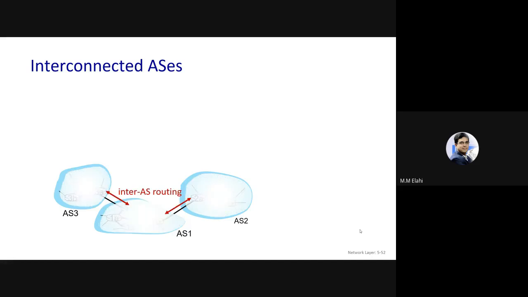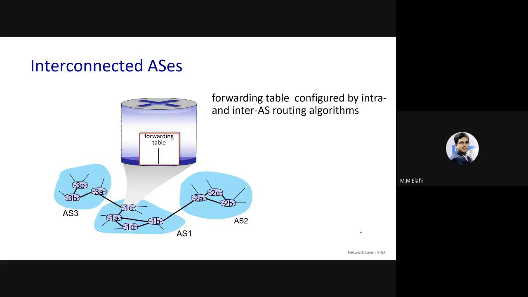How will autonomous system 2 know that it can get to autonomous system 3 through autonomous system 1? How will the autonomous system 2 router get that information? Through inter-autonomous system routing. Clear idea? But we are not going to go through an example for BGP. This is beyond this course.